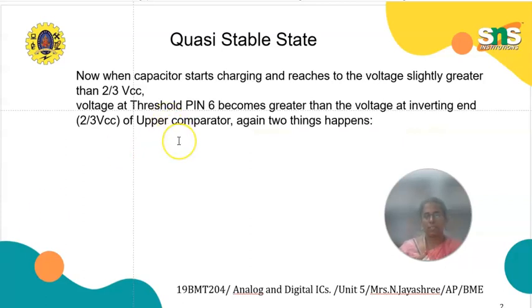Now the capacitor starts charging and reaches a voltage slightly greater than 2/3 of the supply voltage, right? Threshold pin 6 becomes greater than the voltage at the inverting input, 2/3 of the voltage, of the upper comparator.